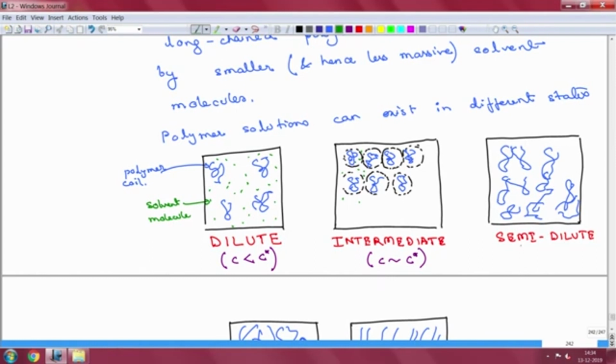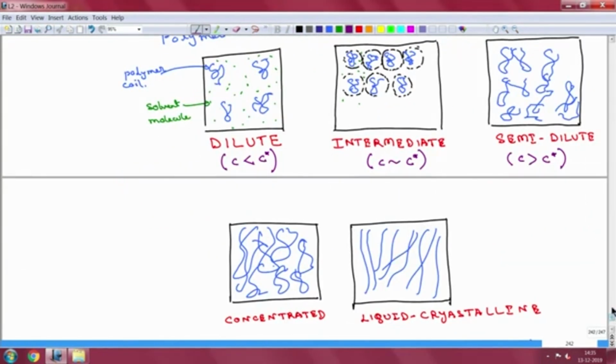Obviously the semi dilute situation will occur when C will be greater than C star, and as C starts to tend towards 1, you will start getting the concentrated regime, and you can also get the liquid crystalline phase under different conditions. But here C is just slightly greater than C star.